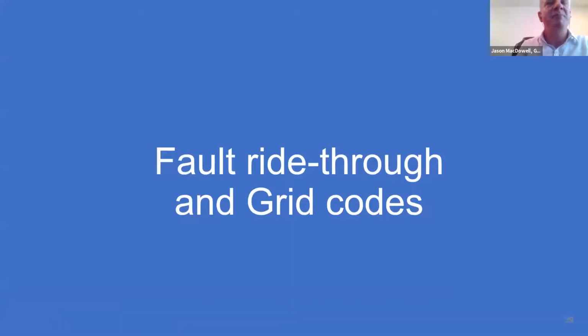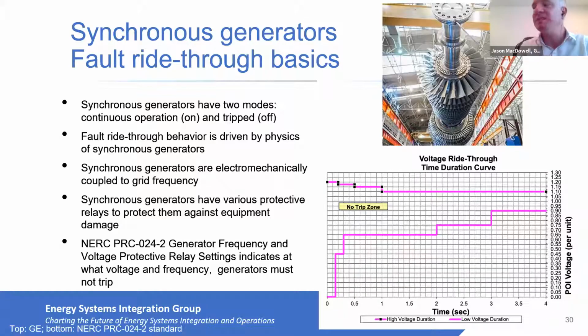Let's wrap up my session with fault ride-through and grid codes. I think we have about 10 minutes left. What I just talked about, primarily frequency support and voltage control, is more about balancing in steady state when the system is intact.